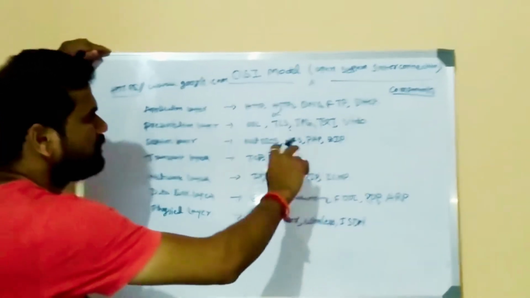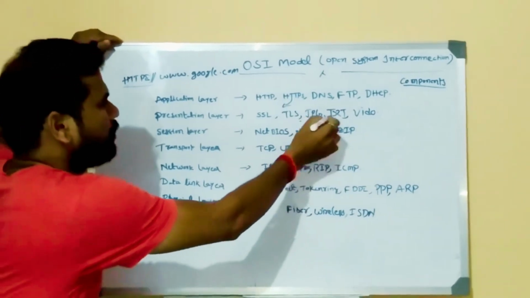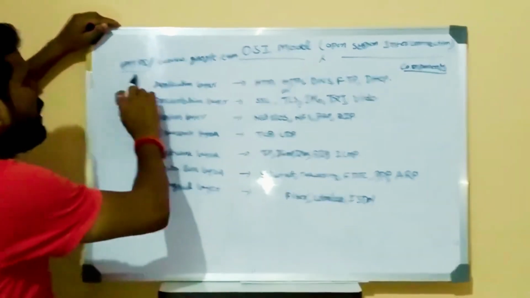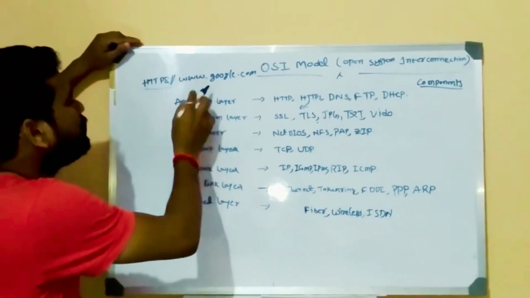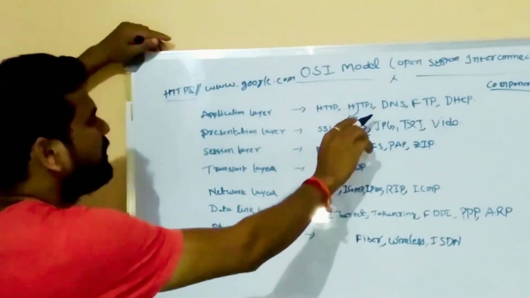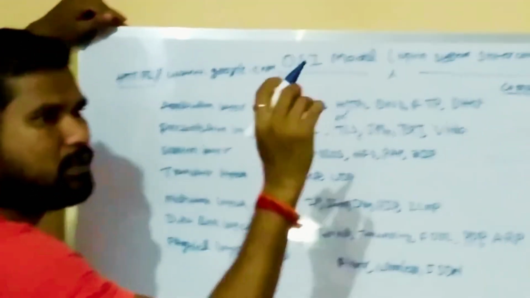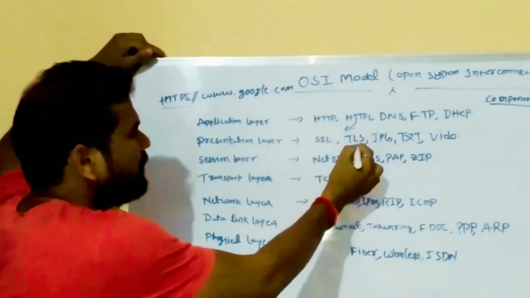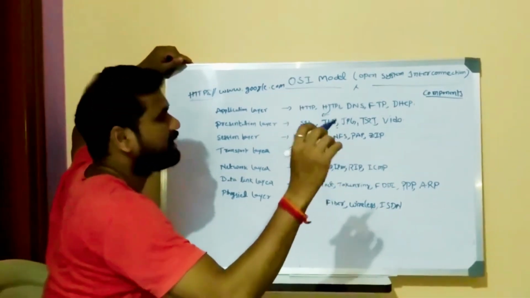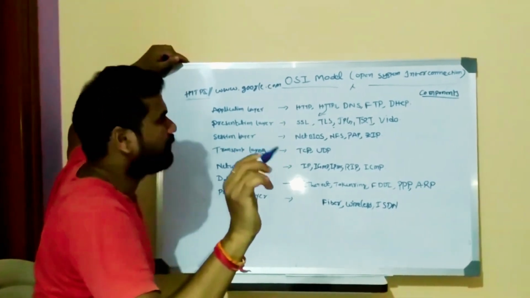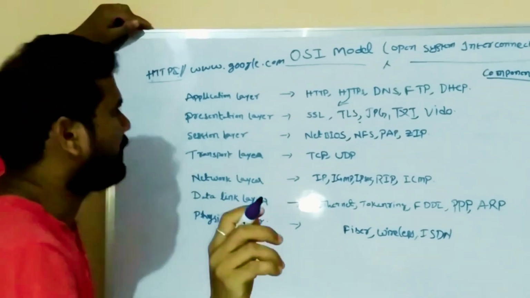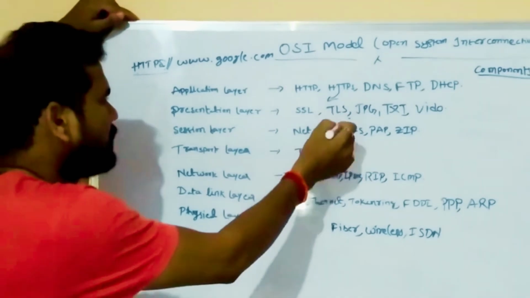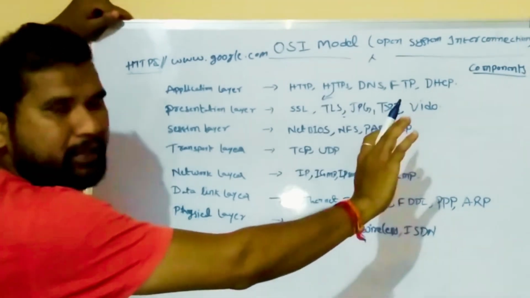Here I am using HTTPS. Whenever using HTTPS, Google will transfer the data. The data they search is converted to text format, video format, or JPG format.